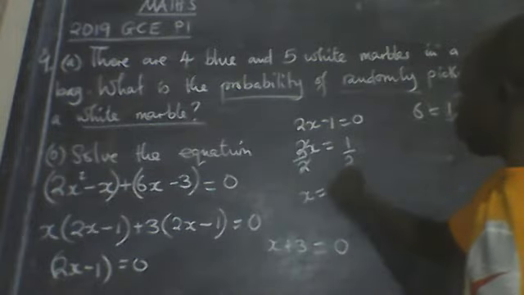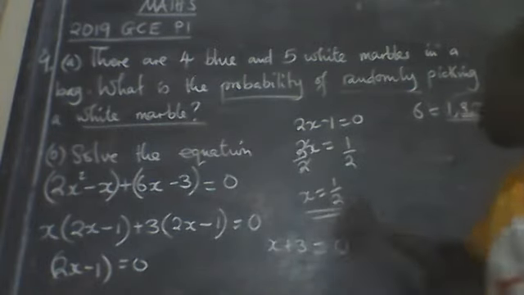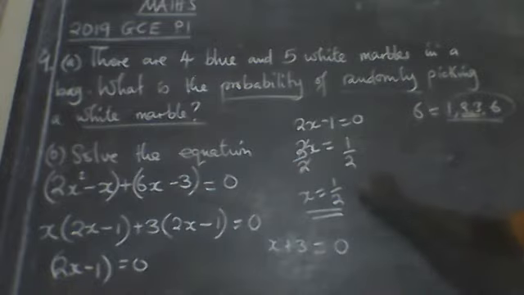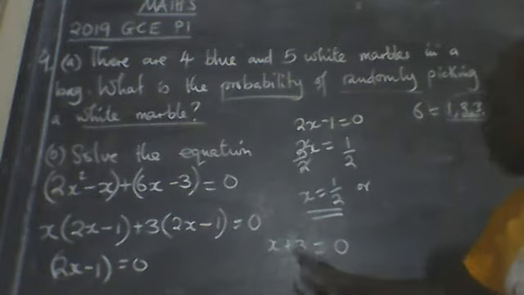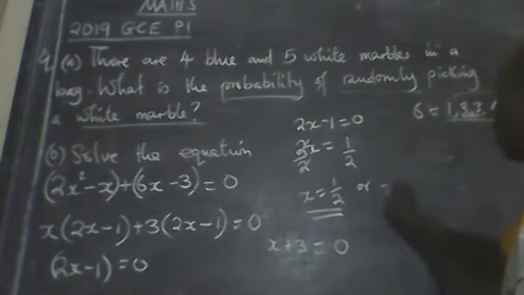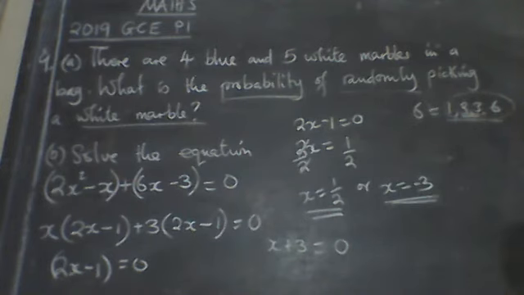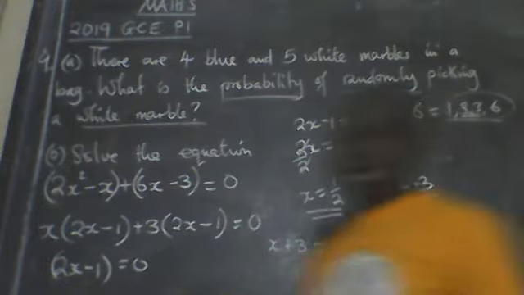Then x will be equal to half. That will be the first value. The other one is x plus 3 is equal to 0, which is just a matter of shifting the positive 3 to the other side, and my x will be equal to negative 3. So that is about that.